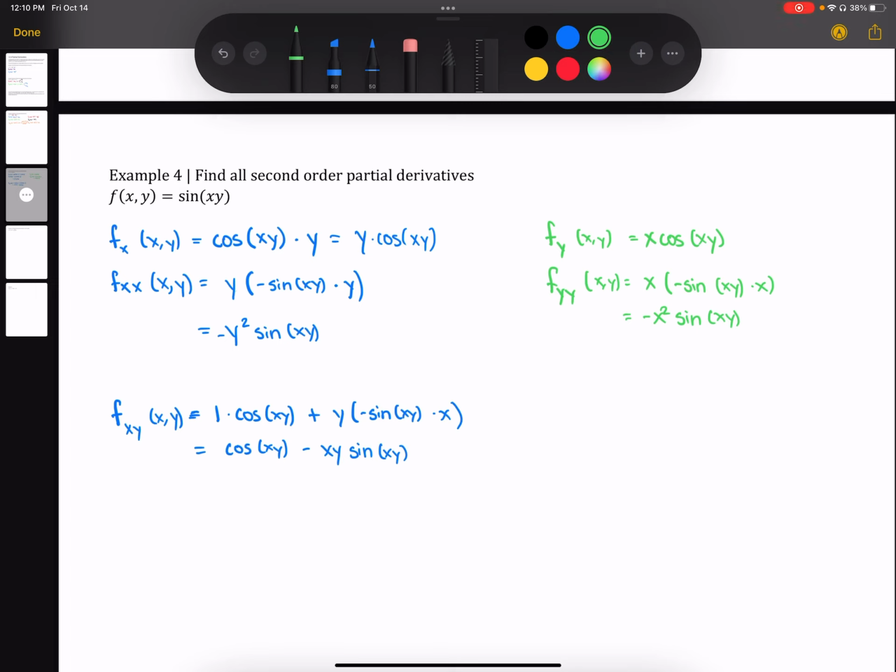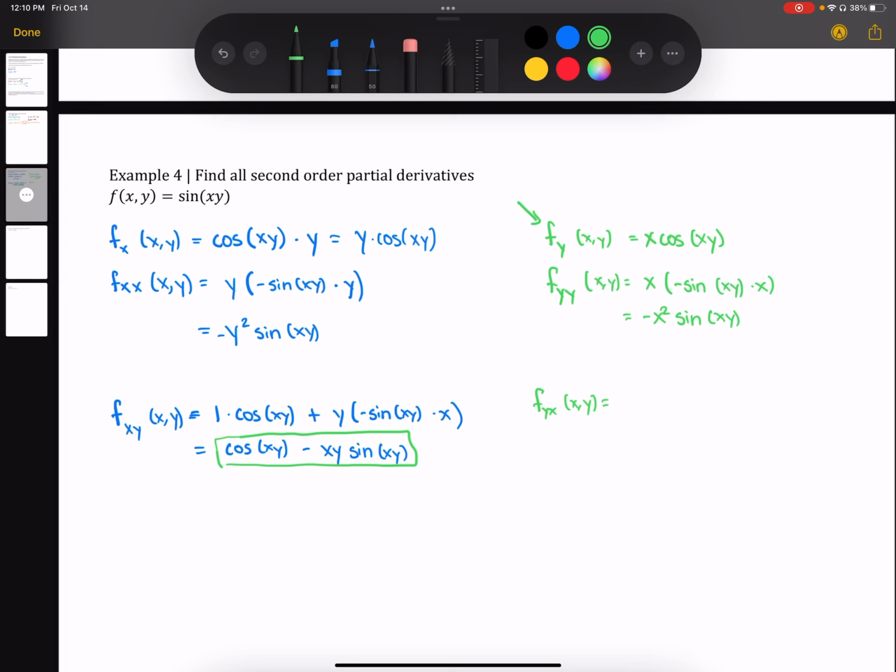So now for our mixed derivative, we should get this, but we're going to do one more to verify that that's actually true. If we start here for our second derivative, fyx, the mixed derivative, now we're taking the derivative of the y derivative with respect to x.